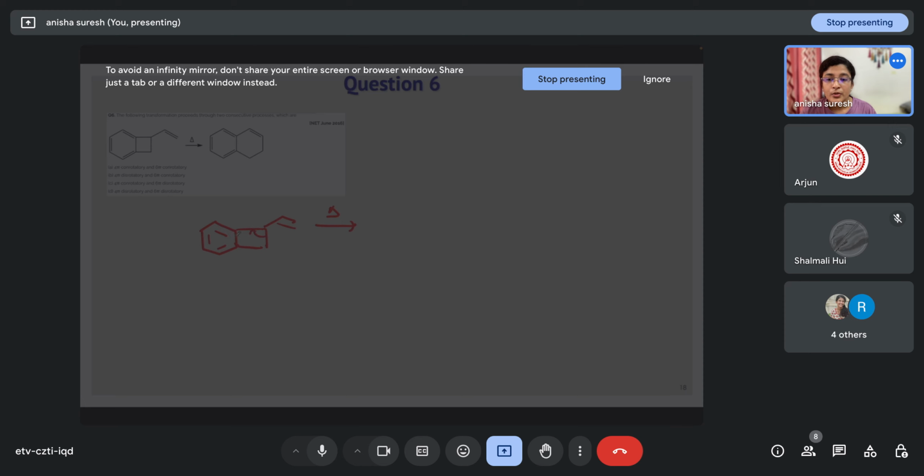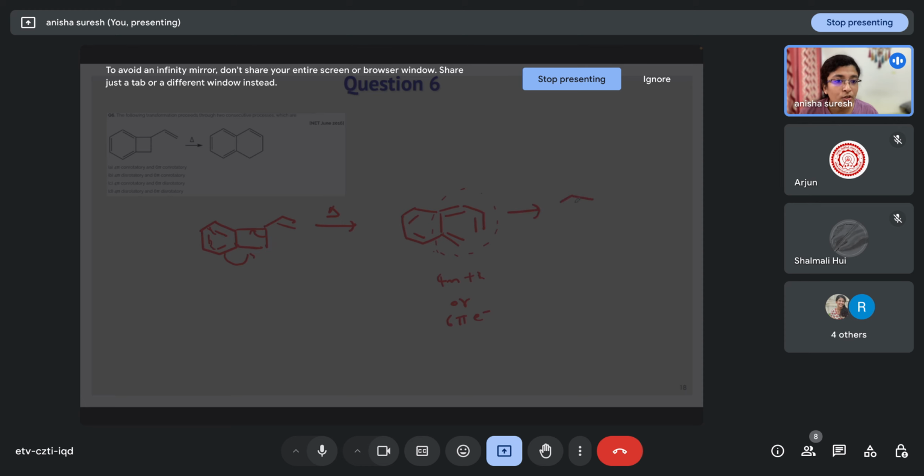So it will lead to formation of this intermediate, and so this is a 4n plus 2 system, right? This part, 4n plus 2 or 6 pi electron system.